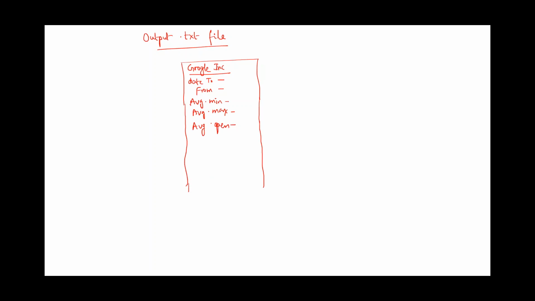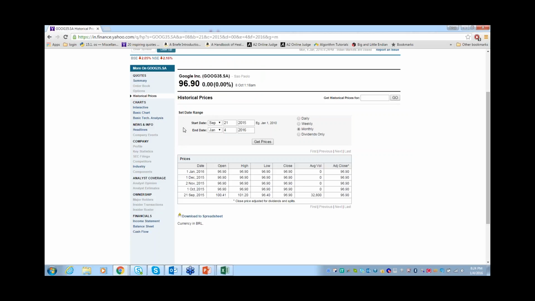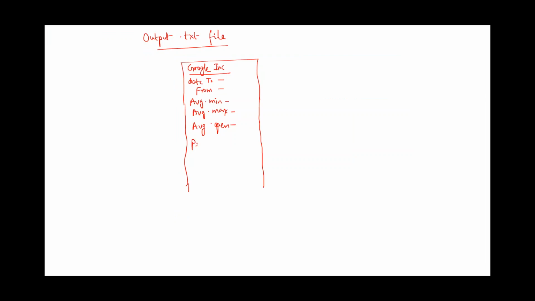Now you also need to tell what the peak high was. Peak values would include min and max. So what was the peak high? What was the peak low? This point comes as peak low, this is min, and this goes at max.